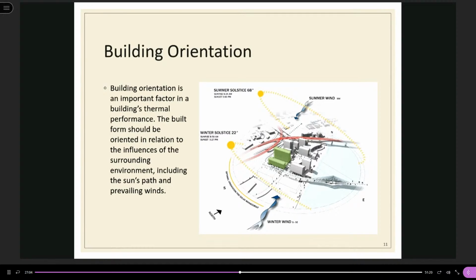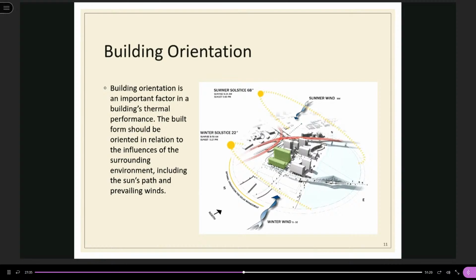Building orientation is an important factor in a building's thermal performance. The building form should be oriented in relation to the influence of the surrounding environment, including the sun's path and the prevailing winds. The prevailing winds are the wind directions for different seasons in a location. But this prevailing wind direction is only a general wind direction for a location.